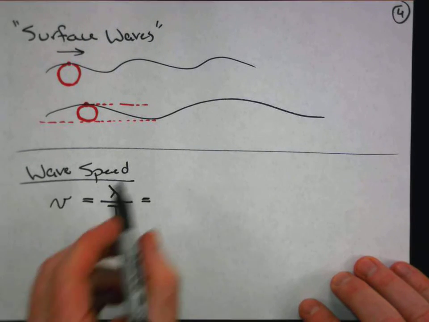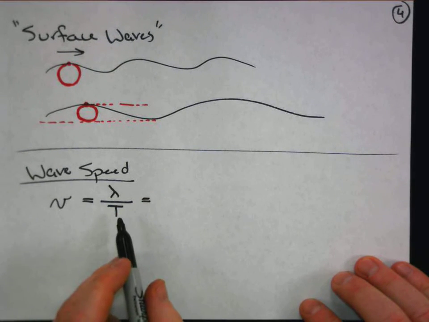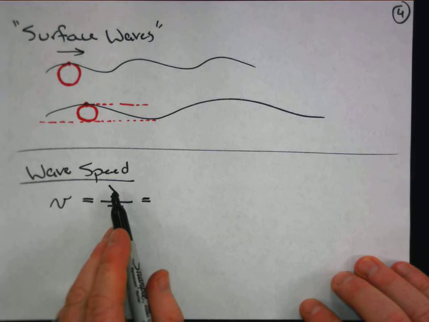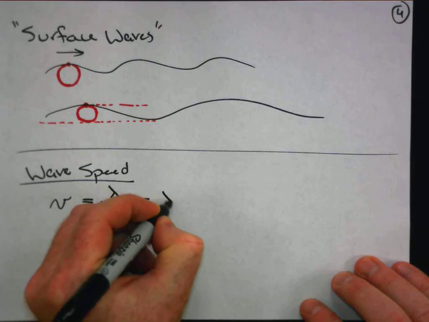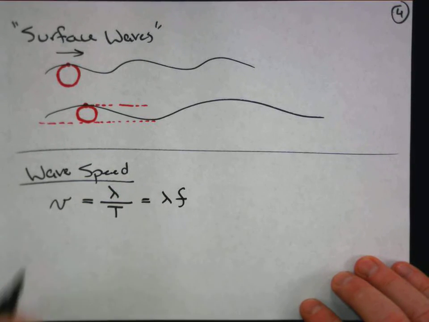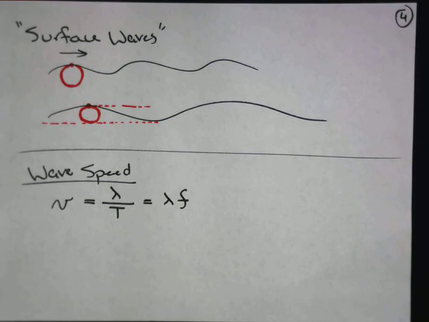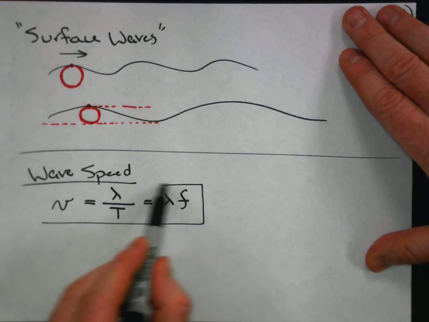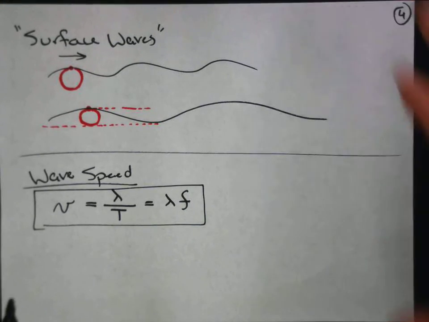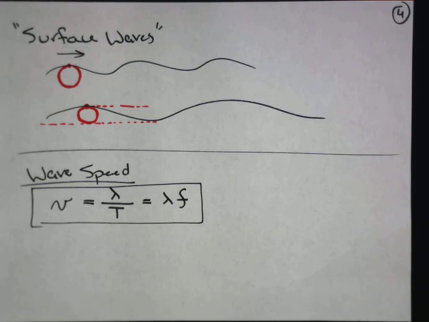We're seeing that come back. So we can say that velocity or speed of the wave is also equivalent to wavelength times frequency. Okay, that's a big, big deal. This right here, it's very important, very fundamental to all waves, okay?